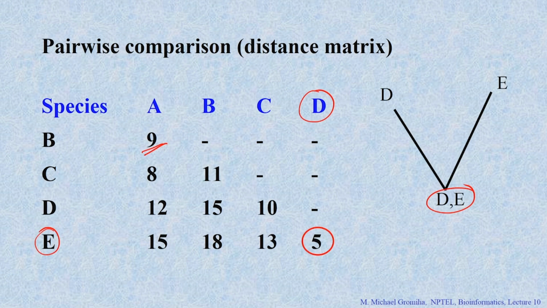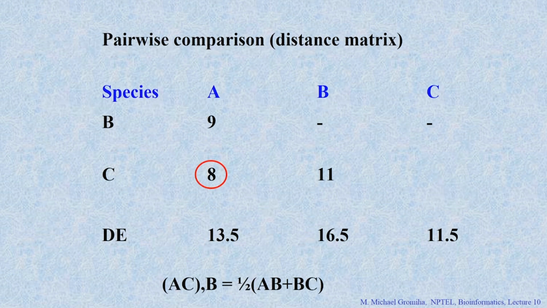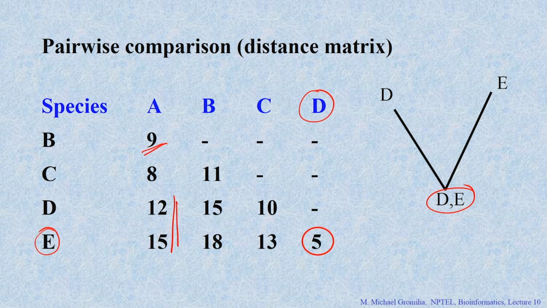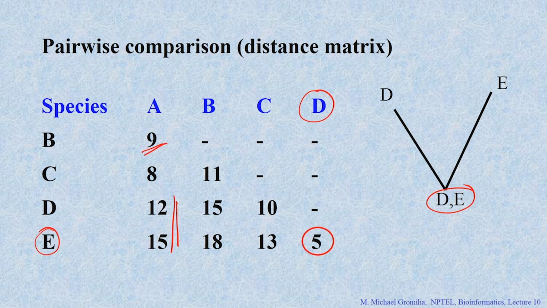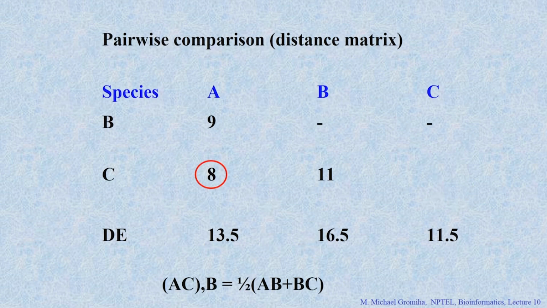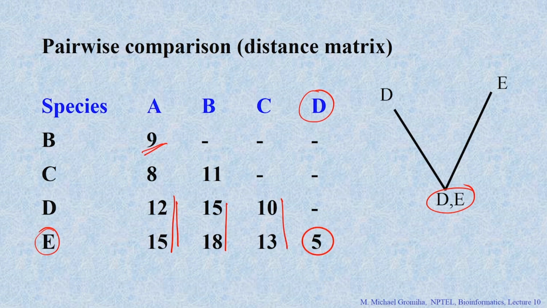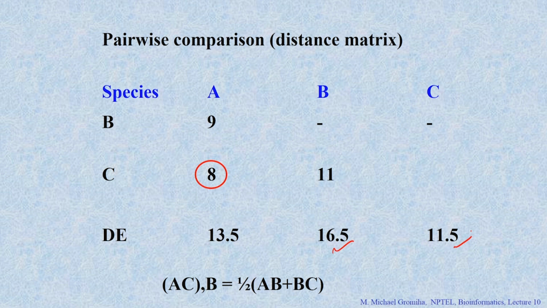For D and E with A, 12 plus 15, what is the average? 13.5, with respect to A, and D and E with respect to B 16.5, and here 11.5, because we combine D and E with respect to A, B and C. So, now I get this matrix.